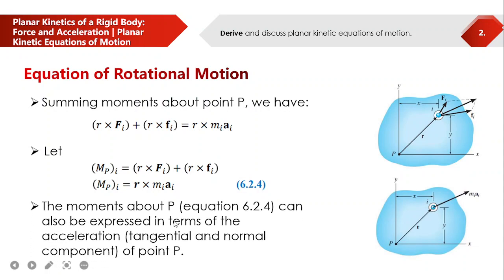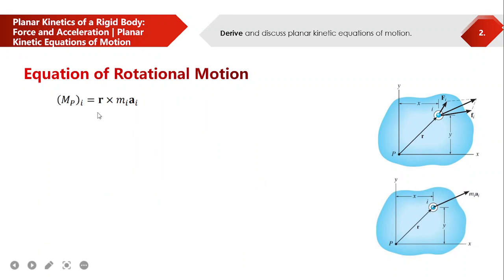Okay, so the moments about P, equation 6.2.4, can also be expressed in terms of the acceleration, in terms of the tangential and normal components. So what happens if it is in terms of normal and tangential?